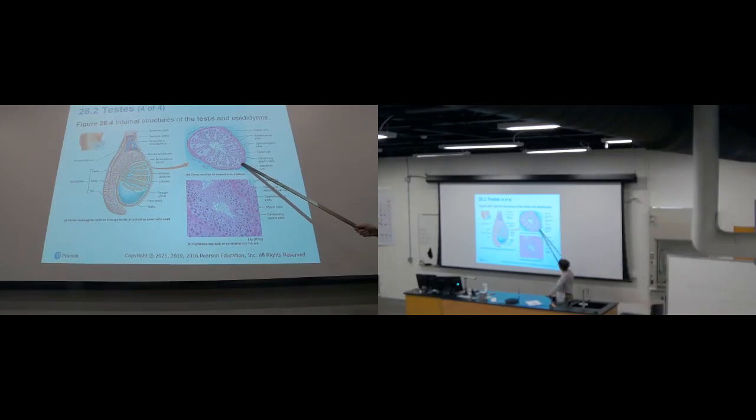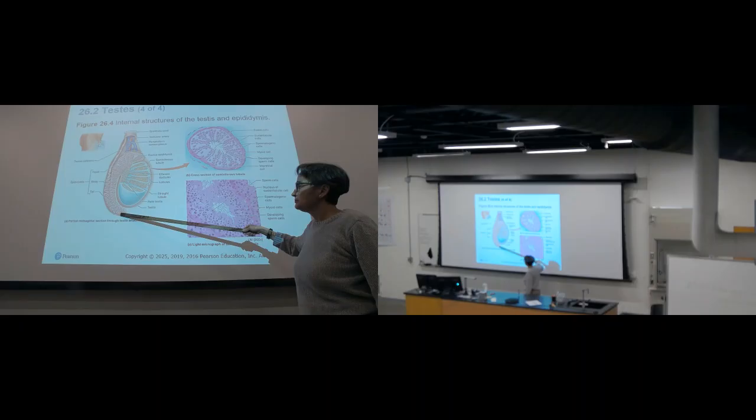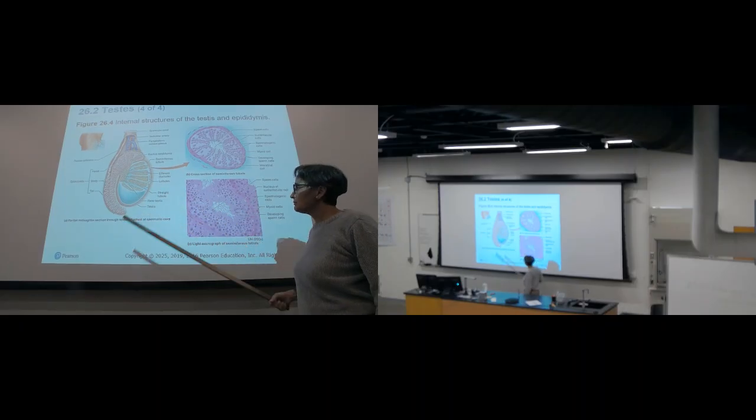From external to internal, you go from less mature cells to more mature cells, and this will be the lumen. This is an actual micrograph of these seminiferous tubules, showing that in the lumen you have sperm cells ready to go into the epididymis to mature.